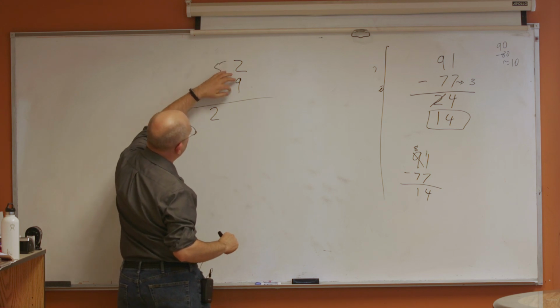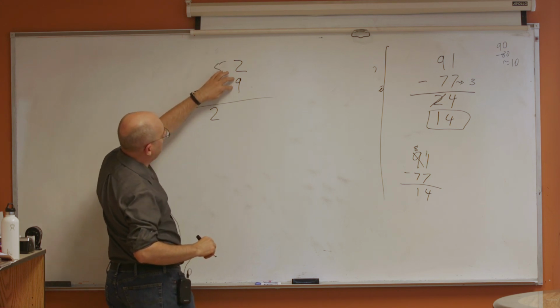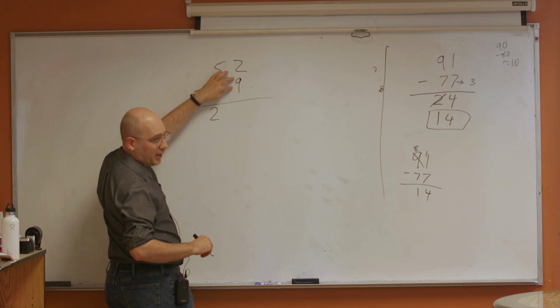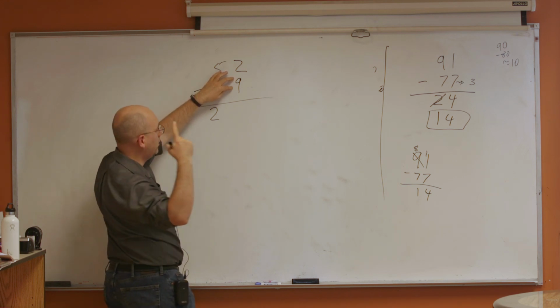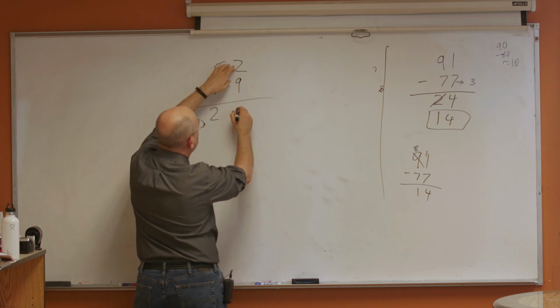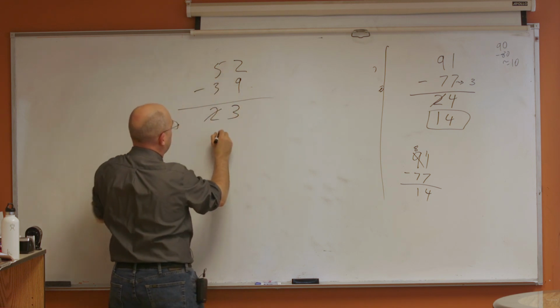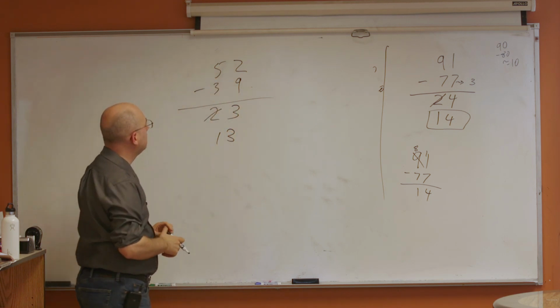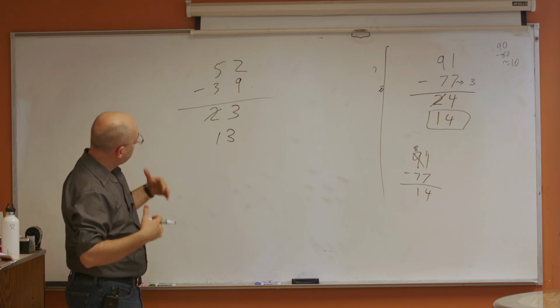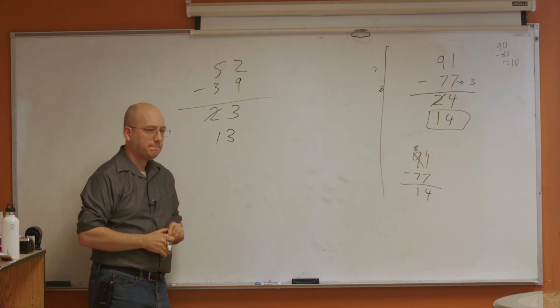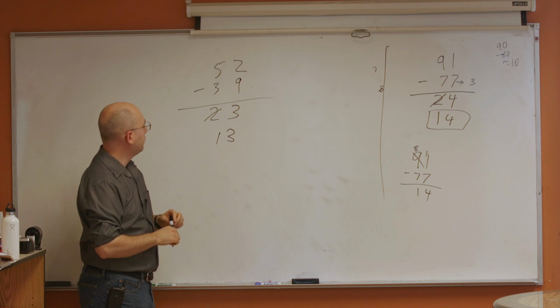Now I've got 2 minus 9. What do I need to add to 9 to get to 10? 1. And so 1 plus 2 is 3. Slash that, it's 13. So that's sort of how it works.